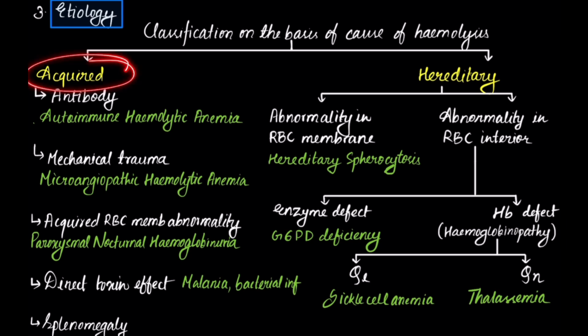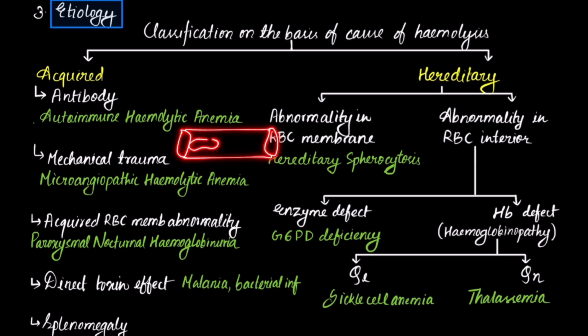What about acquired? So acquired are those acquired after birth. There can be various reasons behind it. First, antibody. Your own body starts making antibodies against your own RBCs. That is autoimmune hemolytic anemia. Mechanical trauma. Let's say there's your blood vessel, there's your red blood cell, there's some kind of obstruction.